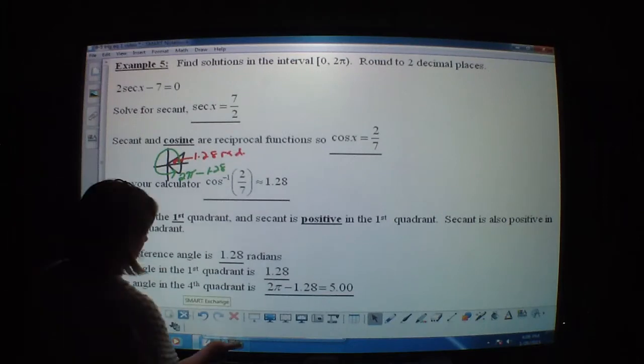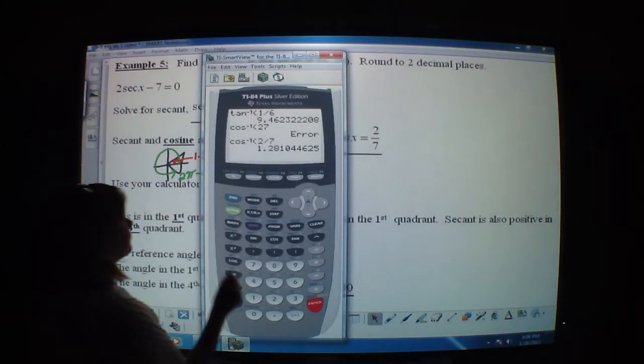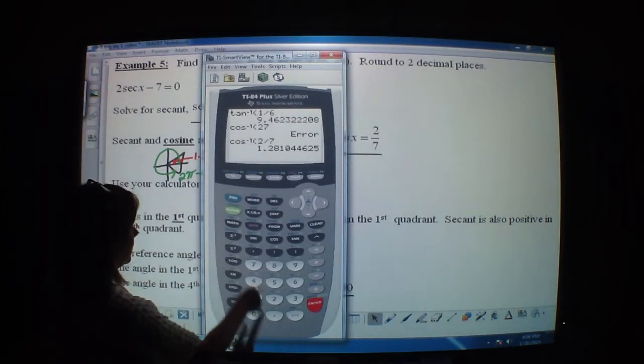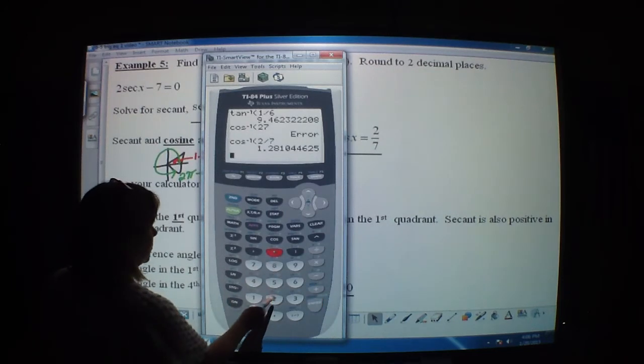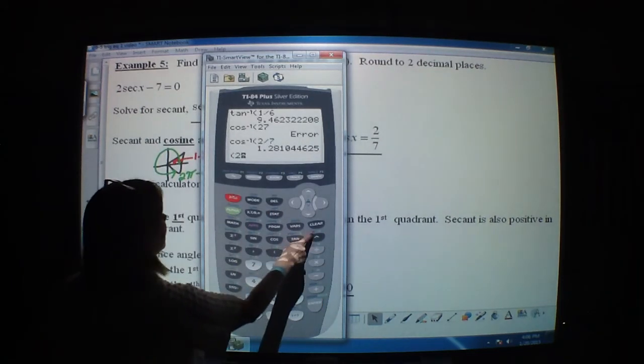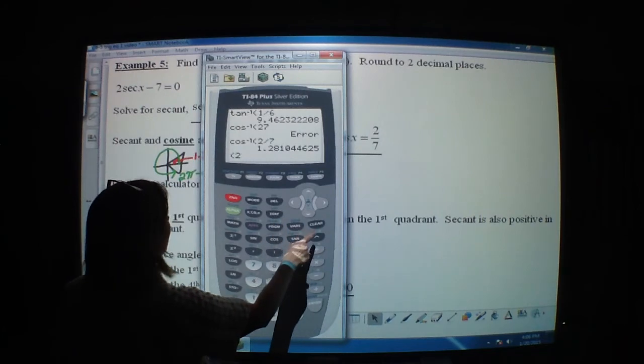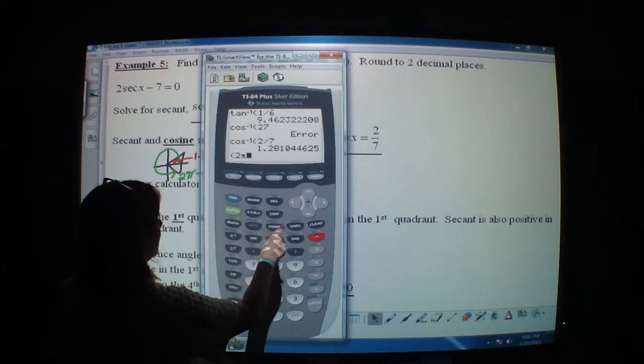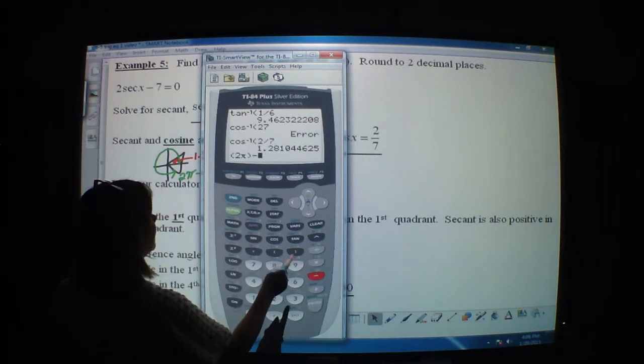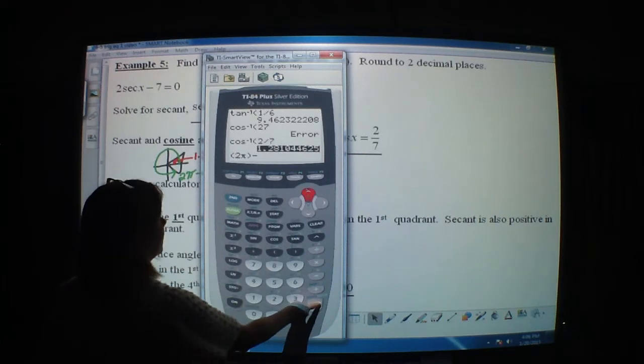Let me just do it with my calculator. 2 pi, minus that angle right there.